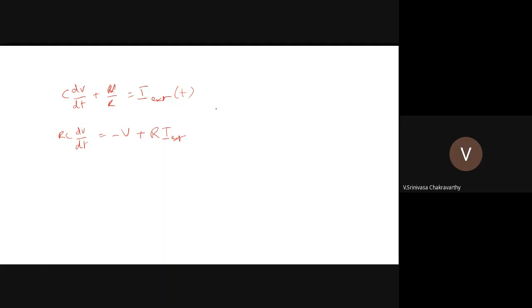Let us assume that Ix is equal to I naught times u of t, where u of t is a step function. I'll call RC tau. What is the solution for this? You might have learned in your electrical circuit theory course, it is simply R I naught times 1 minus e power minus t by tau. You can differentiate it and plug it back in here, and check that it's correct.